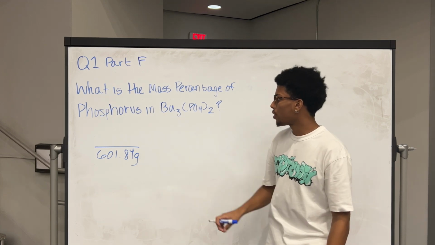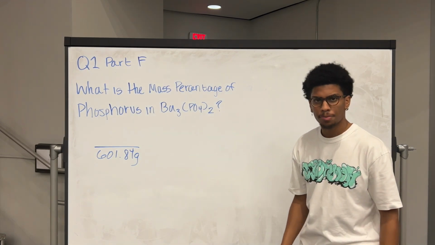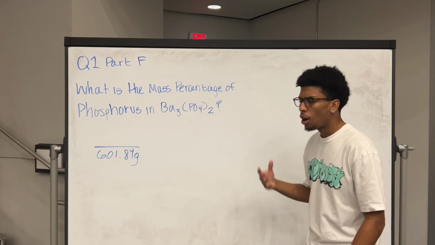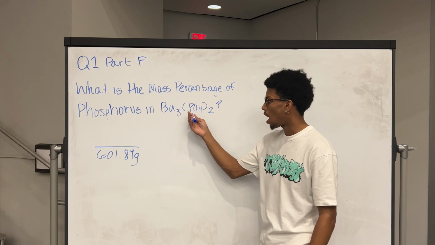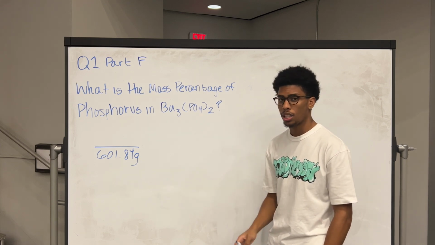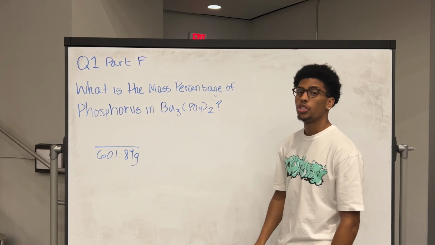And now we want to figure out, what is the mass of phosphorus? Well, how many phosphorus do we have in this problem? Again, remember it's not 1, we have 2 units of this polyatomic ion, so it would be 2.